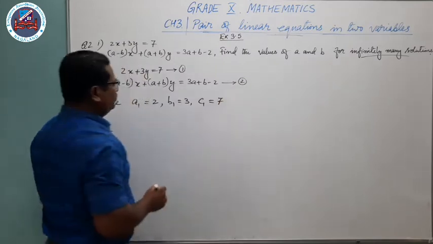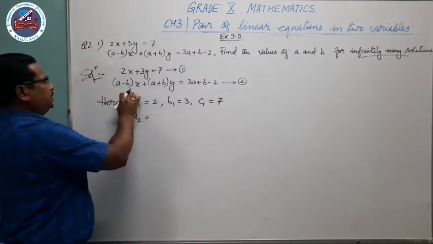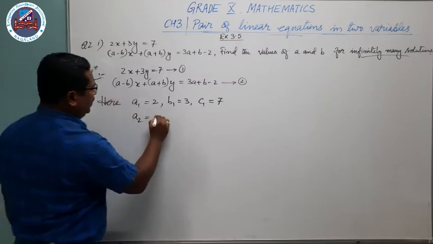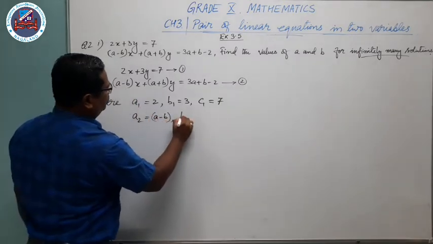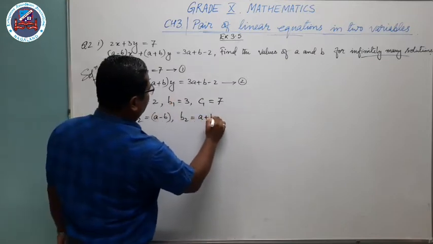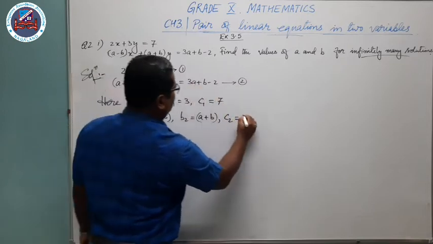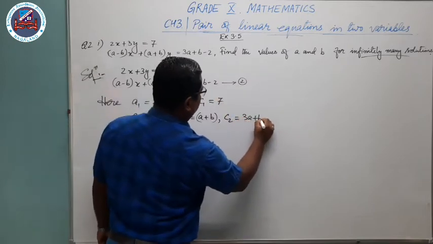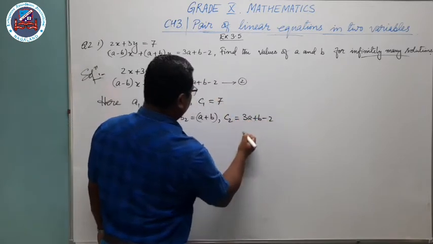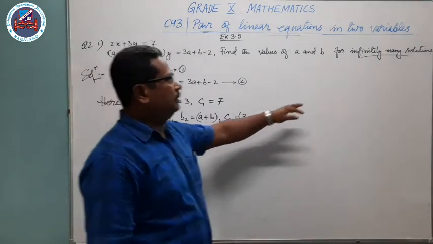So I am writing down the values. Then next, a2 for the second equation, the coefficient of x, is a minus b. b2, the coefficient of y, is a plus b, and c2, the constant term, is 3a plus b minus 2. Now we'll take the help of this.